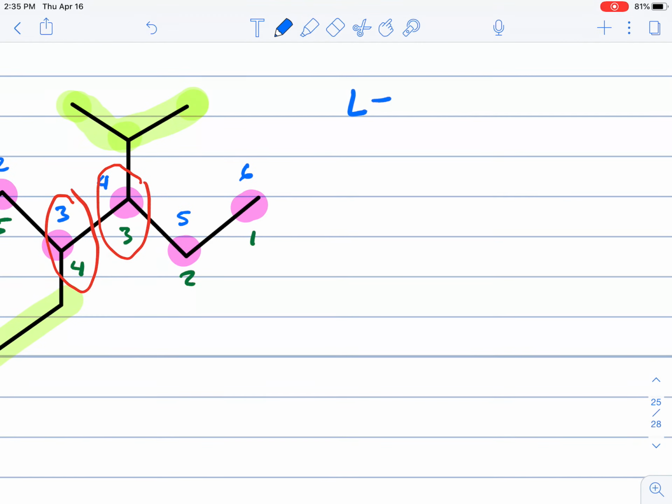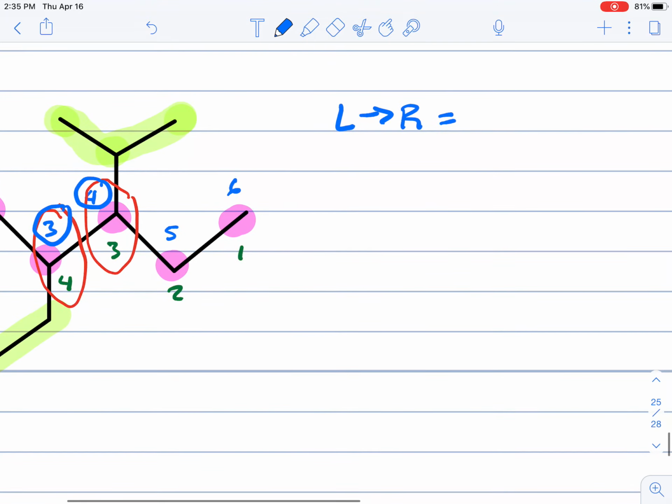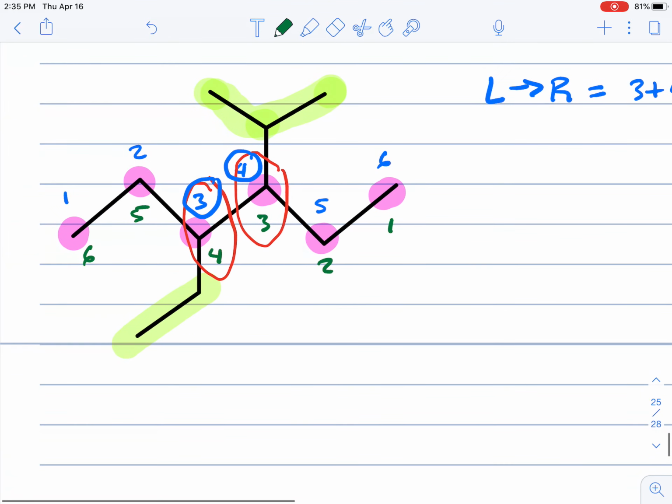So I'm going to go from left to right. If you look at the numbers in blue, I have 3 and 4. So 3 plus 4 is equal to 7. If you look at the numbers in green, the carbon numbers that have a substituent on them are 3 and 4.